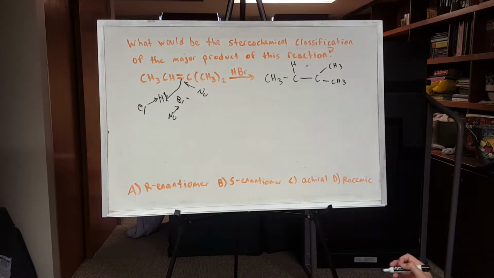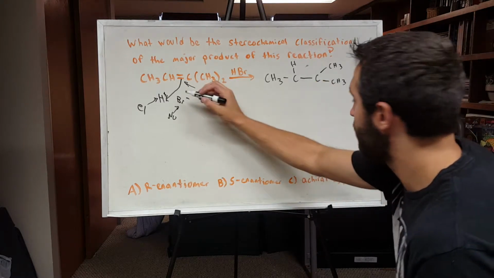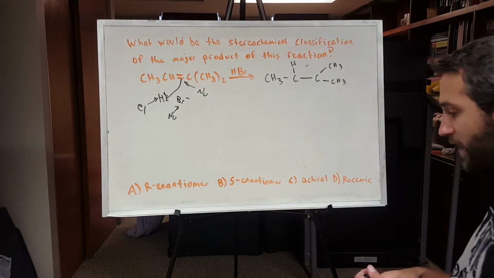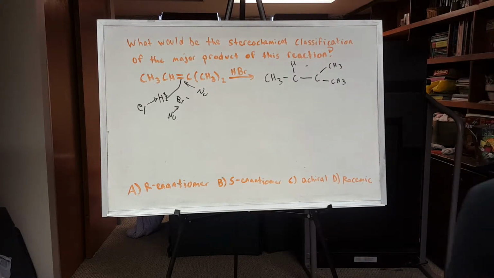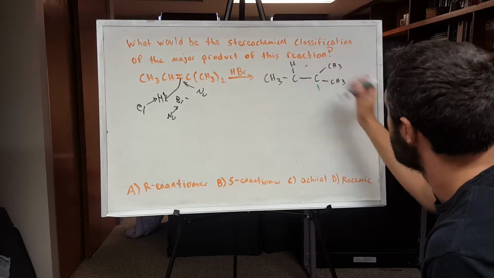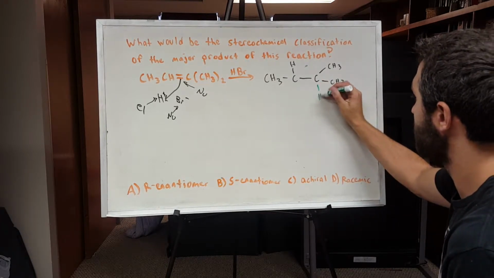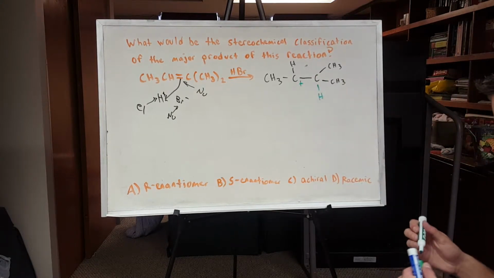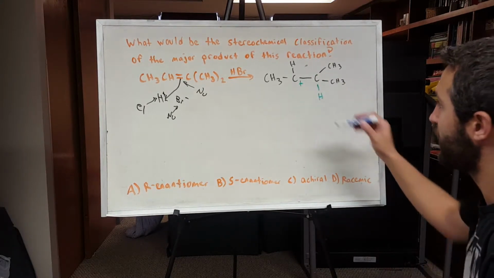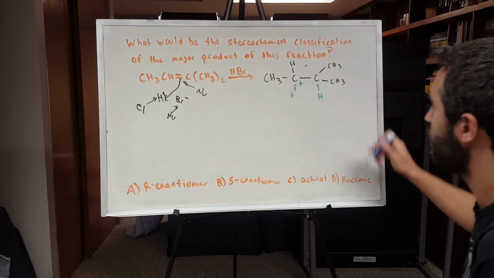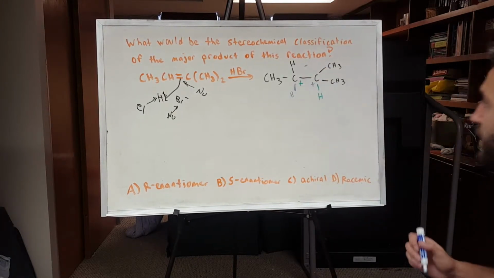We formed a bond to an H here, so we could do one of two things. We could put an H there, and if we did that, we'd have a carbocation here. Or we could add that H over here, and that would put a carbocation here.